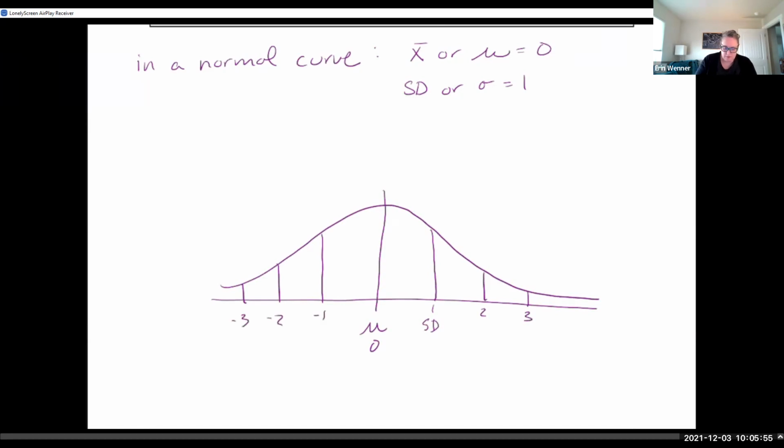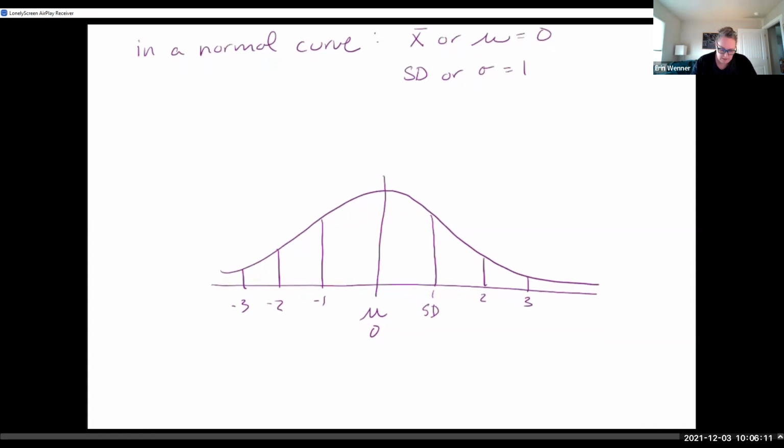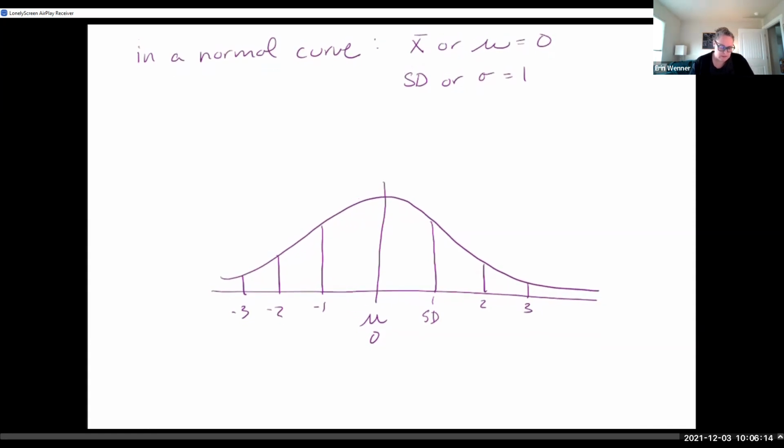So we've got one standard deviation on each side. The standard deviations to the left of the mean are negative because they're less than the mean, and the ones on the right side are positive because they are greater than the mean.